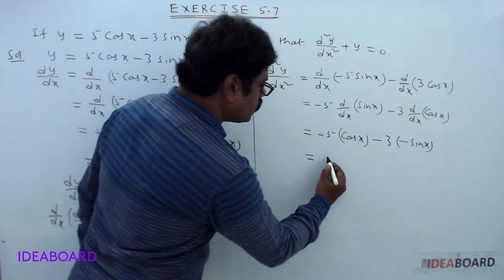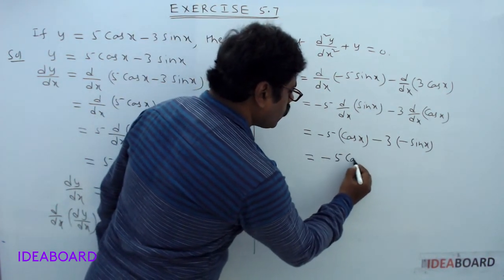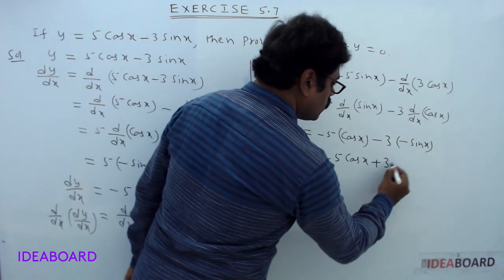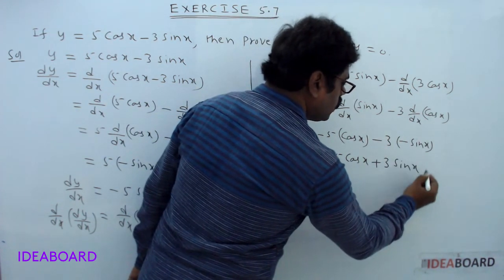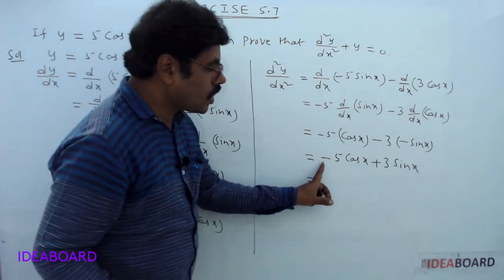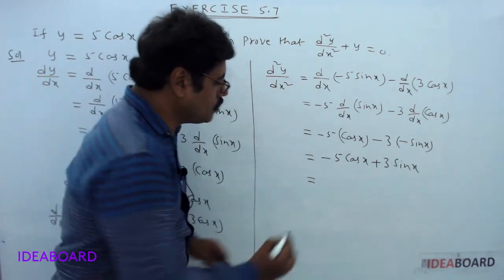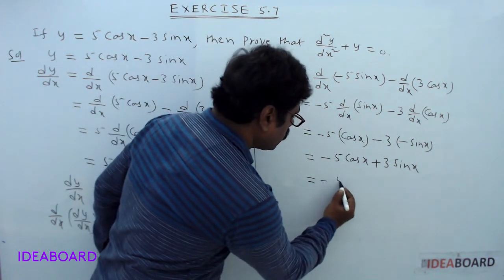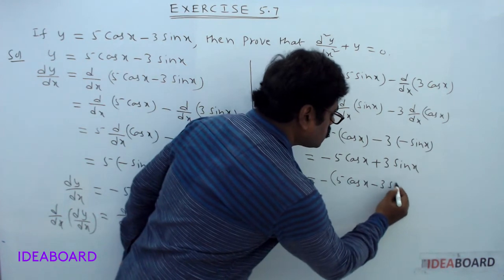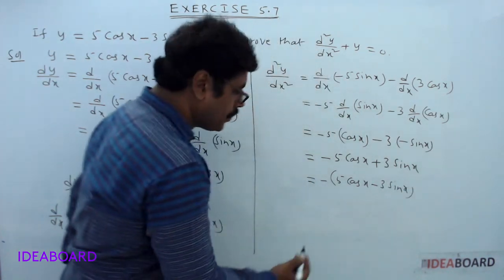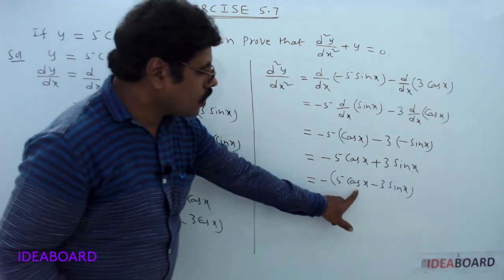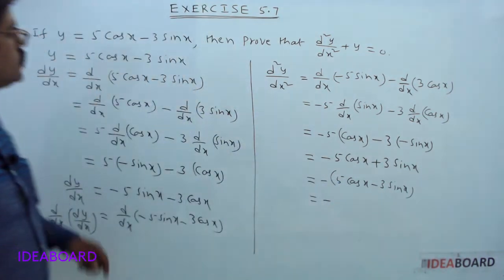Now this equals minus 5 cos x, minus into minus plus 3 sin x. Now take the minus common factor from these two terms, so it is minus of 5 cos x minus 3 sin x.